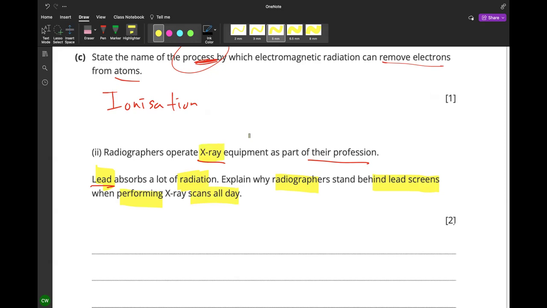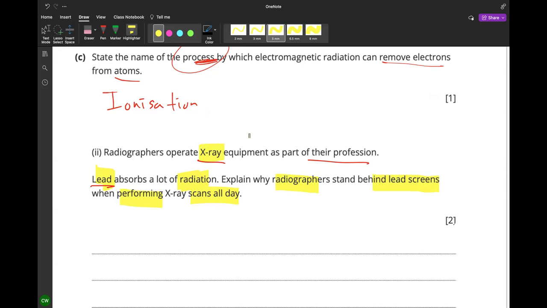You cannot be with X-ray every day. That means you have to limit the time of exposure. Why is X-ray dangerous? What kind of damage can the X-ray do to us?